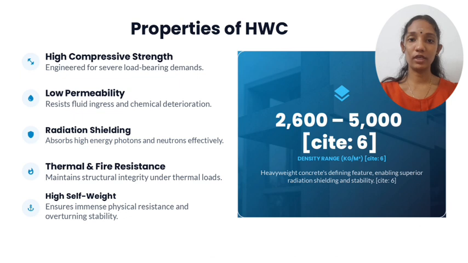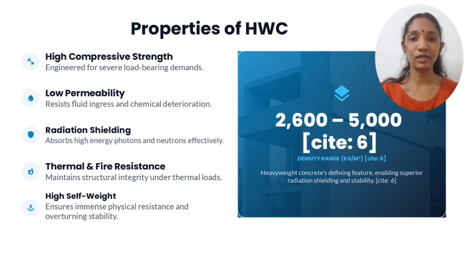Next are the properties of heavyweight concrete. Heavyweight concrete has several important properties. It has high compressive strength, making it suitable for carrying heavy loads. It also has low permeability, which reduces water penetration and improves durability.